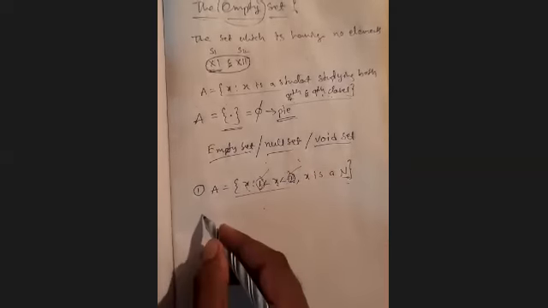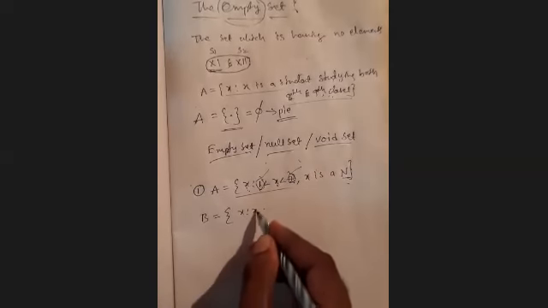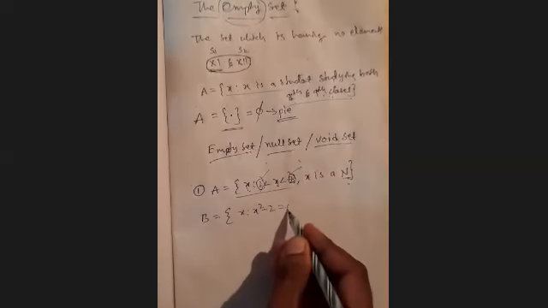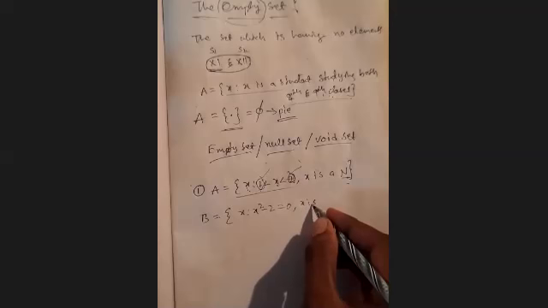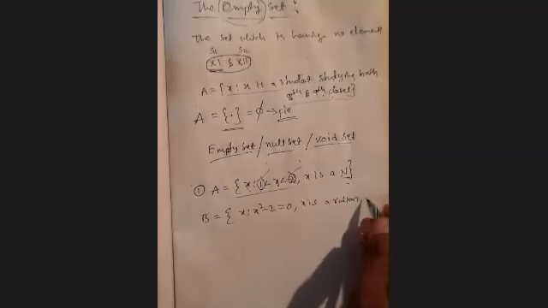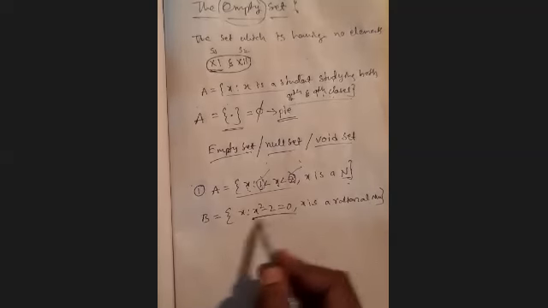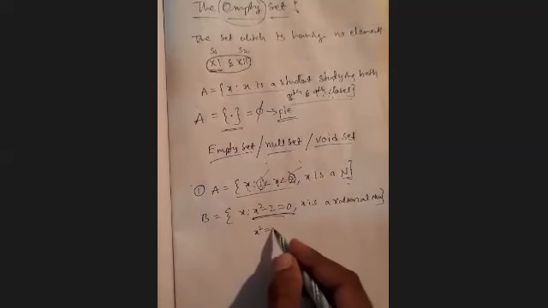And one more example we have, that is B is equal to {x such that x square minus 2 equal to 0, where x is a rational number}. See, x square minus 2 is equal to 0 means you can write x square is equal to 2.